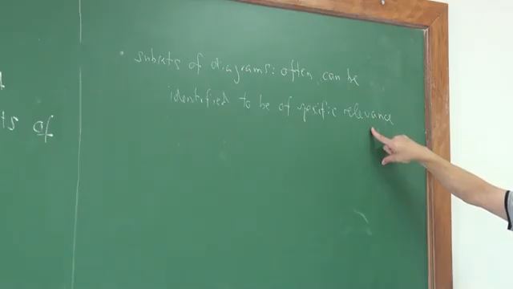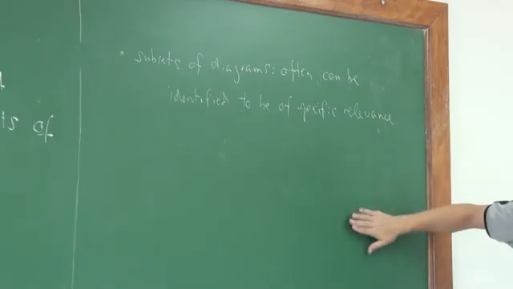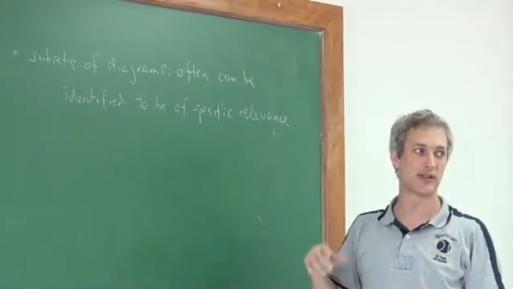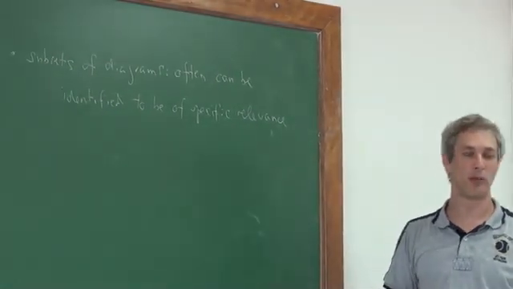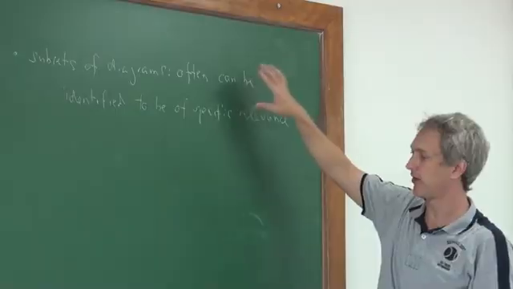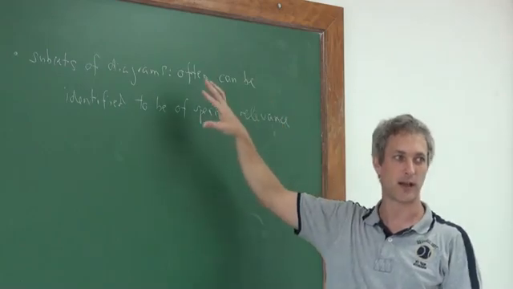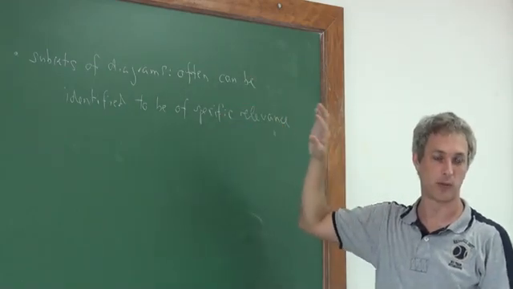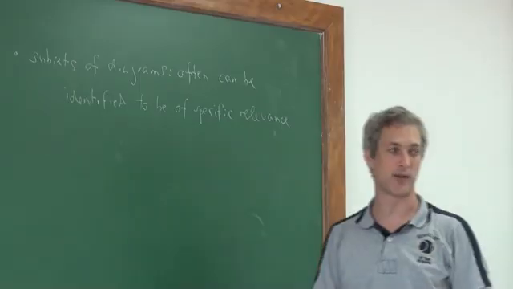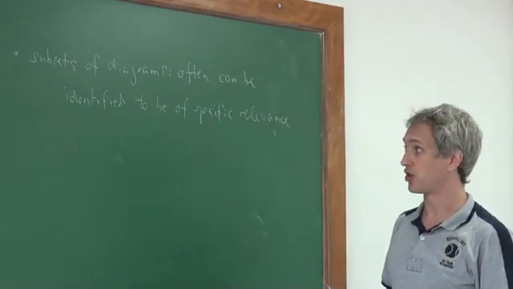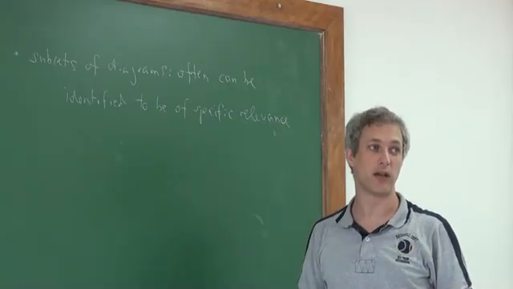There are different types of diagrams that give you larger contributions in some physical parameter, and what we will see is that again the density will play a role. So in the high density limit we can identify a certain class of diagrams that will be more relevant than others.